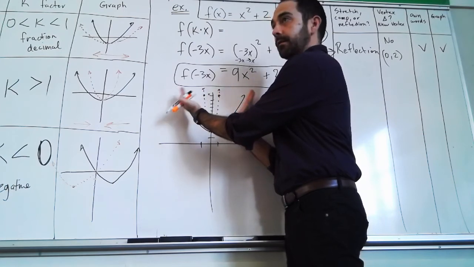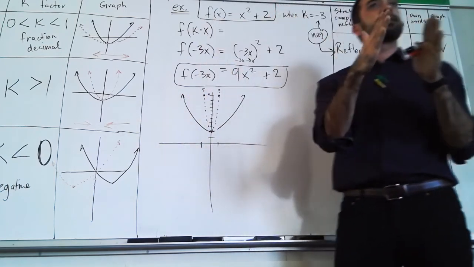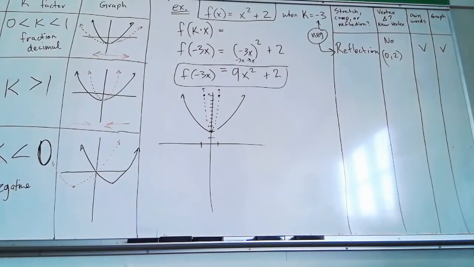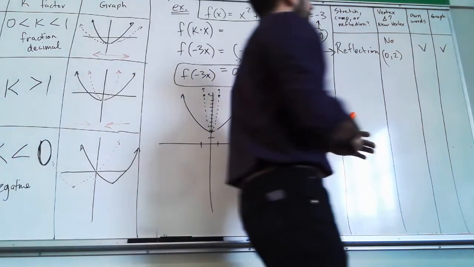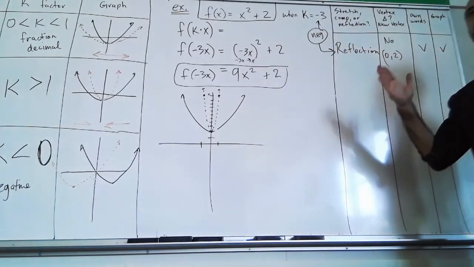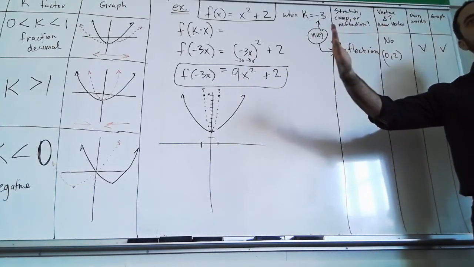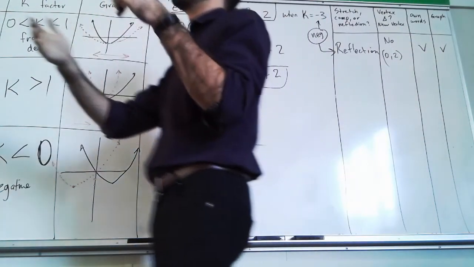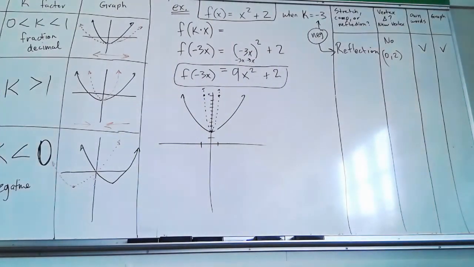It would be squished by a factor of 10. If it was positive 2, it'd be squished by a factor of 2, so it'd be halfway closer to that y-intercept. But after you start to use k enough, compare the two graphs and look to see, okay, how much did it shrink? How much did it compress? If it was a scale factor of 2, you can think of it as a half.